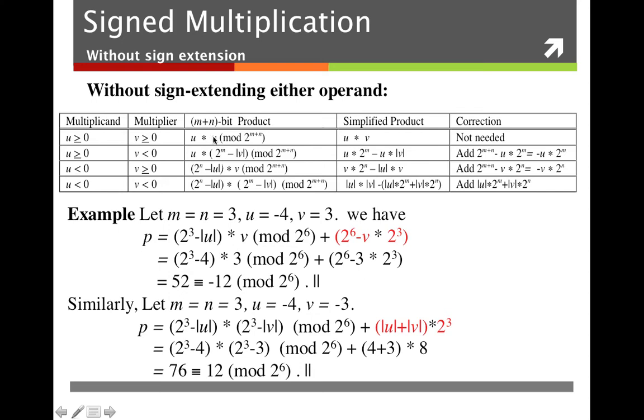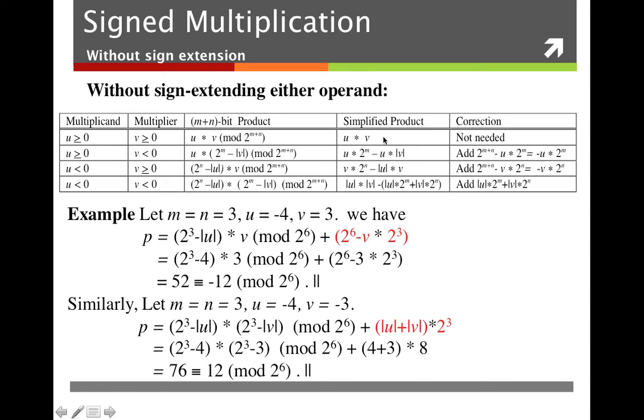And if you multiply those two numbers, you're going to get something that's going to be less than 2 to the m plus n minus 1 in the exponent, and that would just keep it within the positive range of these products, which we assume will be divided into two halves, the lower half of which will be positive numbers and the upper half of which will be negative numbers.